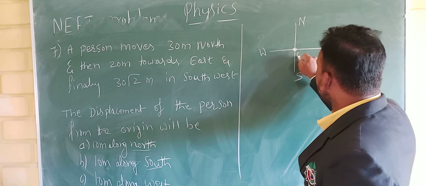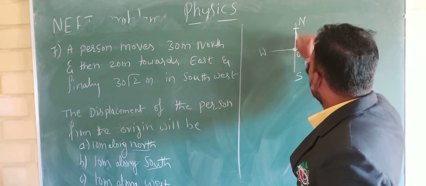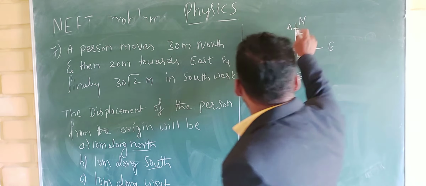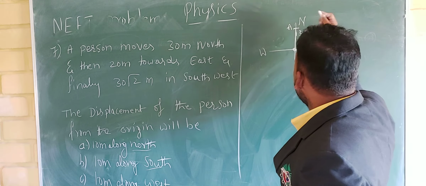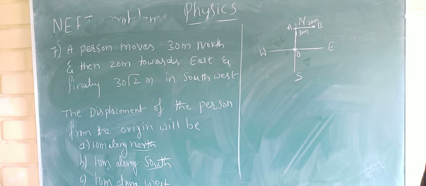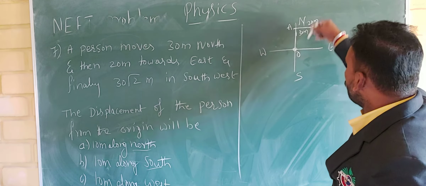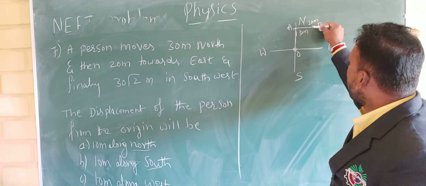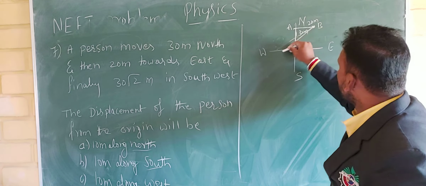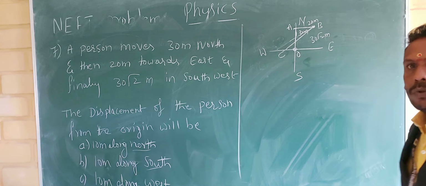A person starting from the origin moves 30 meter north, from O to A. From point A he moves 20 meter towards east, this is B. And then finally he moves in the southwest direction, south is downward, west is this direction, 30 root 2 meter from B to C.